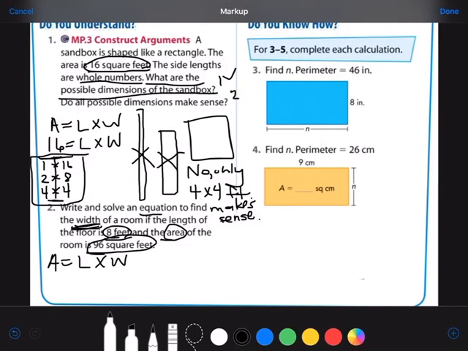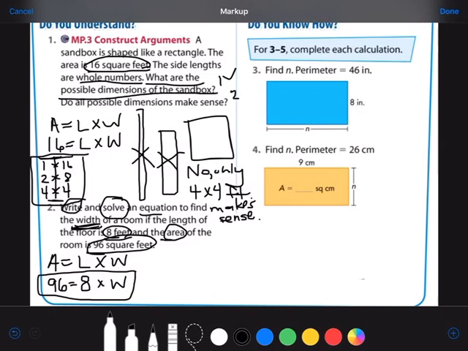They told me that the area is 96. They told me that the length is 8. There's that 8 again. They said we have to find the width. The width is the part we don't know. So it says write an equation. Done. 96 equals 8 times our variable, which is the width. But then it says also write and solve. So now we have to solve.